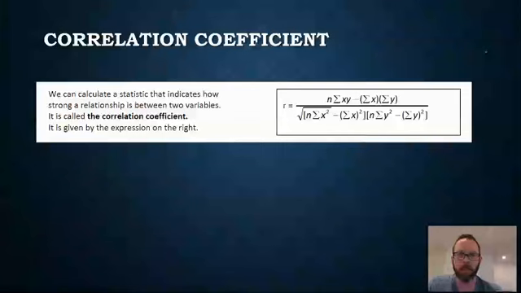The way we do that is by calculating what we call the correlation coefficient. Correlation coefficient is sometimes a mouthful. It's denoted by the variable R. So often we'll just say R value. But what we're actually talking about is the correlation coefficient.